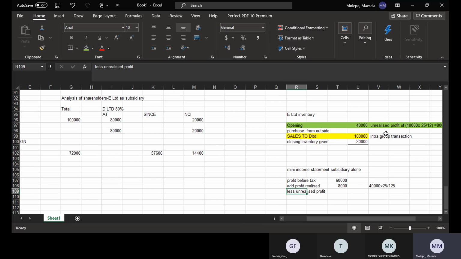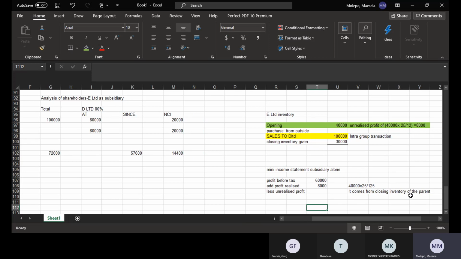So here we say the unrealized profit comes from the closing inventory of the parent. Because if you check the closing inventory of the parent, we are having the 50,000.